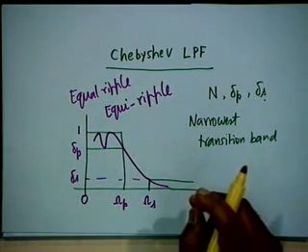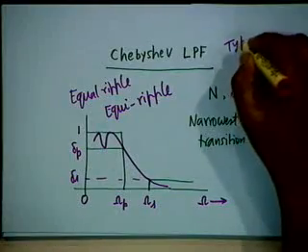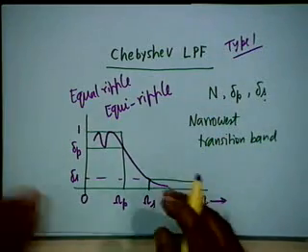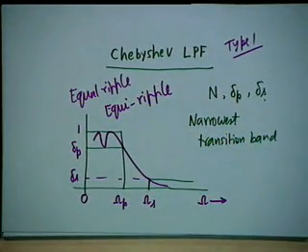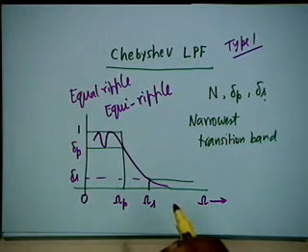There can also be another type of Chebyshev, that is, we can reverse the roles. We can have monotonic in the pass band and equal ripple in the stop band. This type is called type 1, and the inverse Chebyshev filter, that is monotonic in the pass band and equal ripple in the stop band, is called a type 2 filter. Obviously, type 1 is the preferred filter.